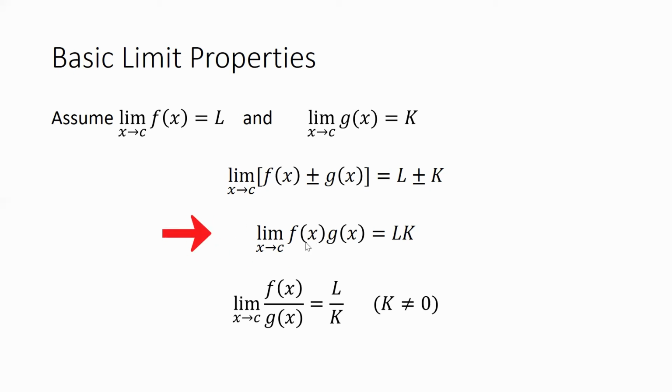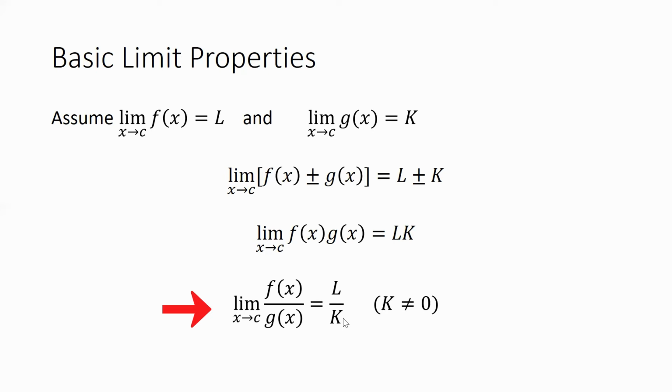Sum and difference of functions work out. It turns out the product of two functions also works out. As long as these limits exist, the limit as x goes to c of the product of f and g is equal to the product of the limits. Moreover, if I do the same thing with the quotient, taking f of x divided by g of x and then the limit as x goes to c, we get the quotient of the limits.